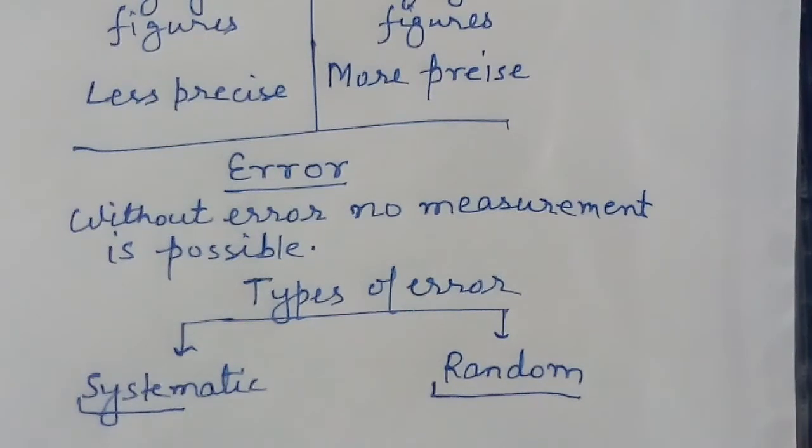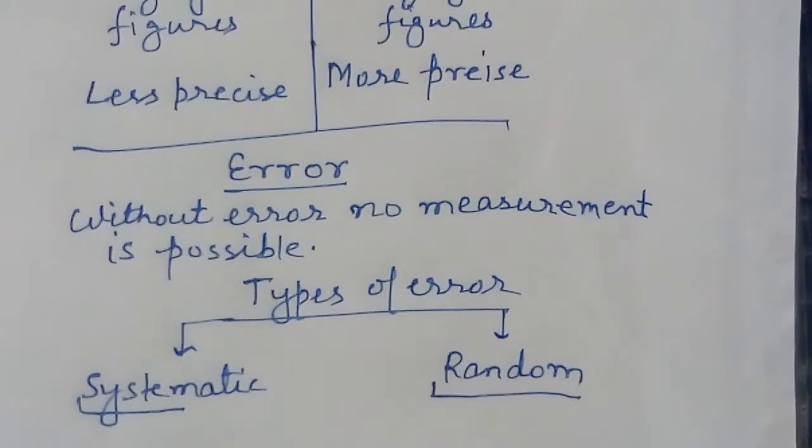So our reading gets affected by the consideration that we have taken resistance as 0. So this will affect the experiment and there may be some error due to these reasons. So these reasons which cannot be defined, which are not known to us, the error caused by them is known as random errors.